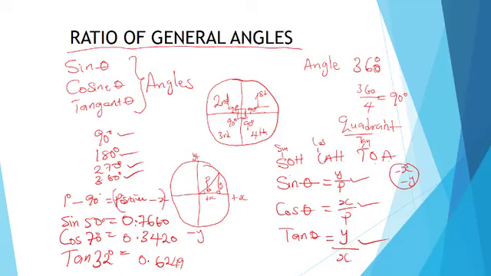We had 0 point this, which is a positive value. We do not have anything like minus 0 point any of these values. That's all about the first quadrant. So in the first quadrant, all the values of sine, cosine, and tangent always assume a positive value.